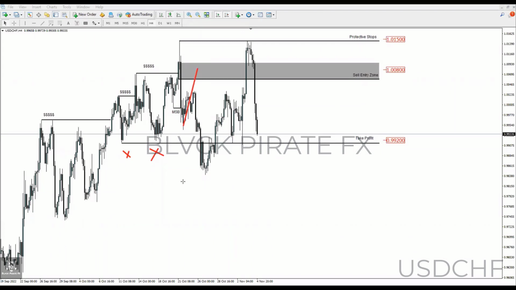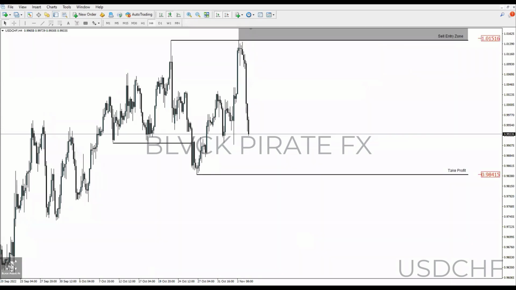We did not get activated. Price went down to eventually break this huge market structure right there before reversing last week to get into our zone. So we had maintained the same idea on how we were wanting to get into this trade, and where we were hoping to get into this trade.